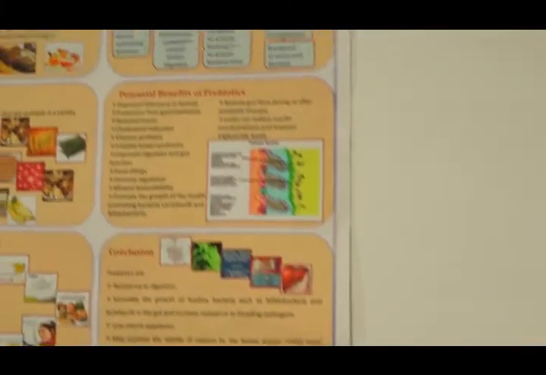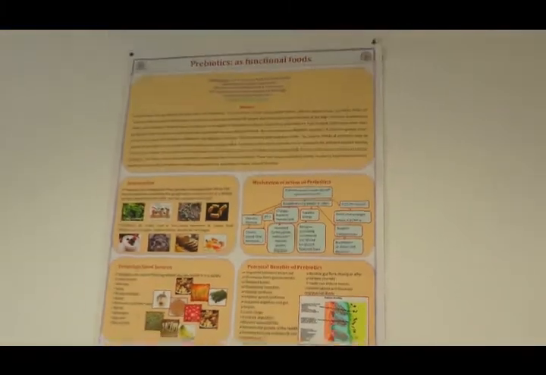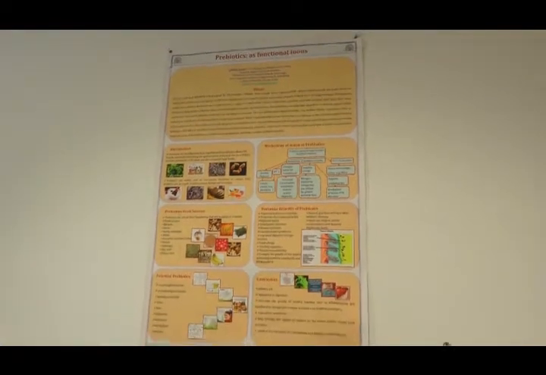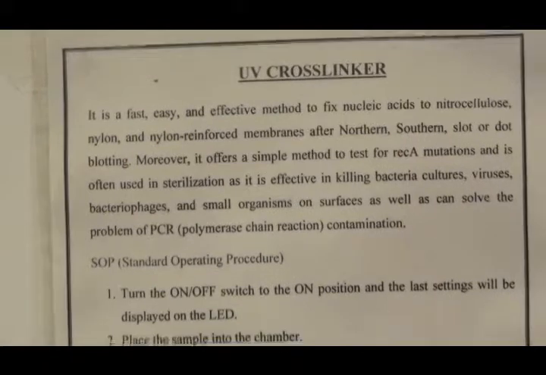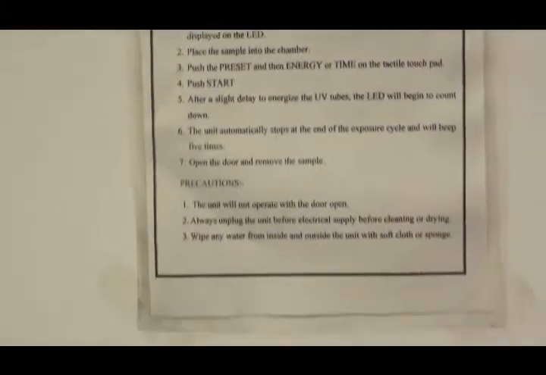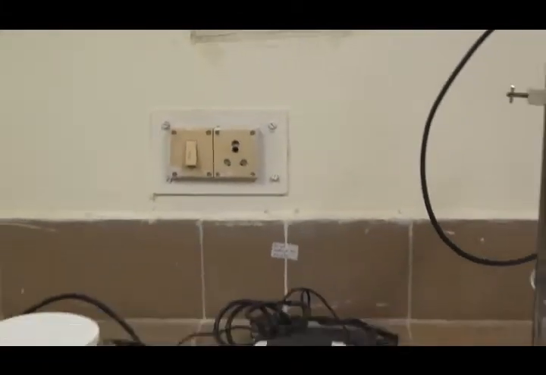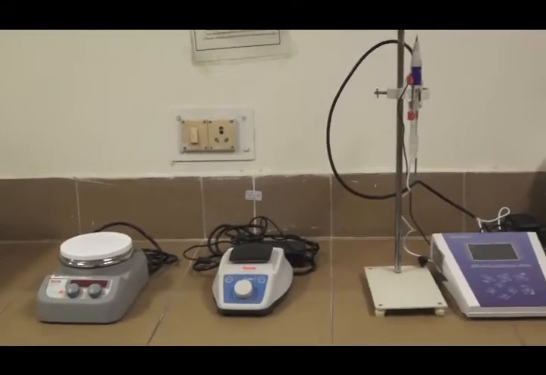So this is the UV crosslinker. It is basically used to fix nucleic acids to nitrocellulose, nylon and other membranes. This is the pH meter. This is basically the PCR. This is the poster.